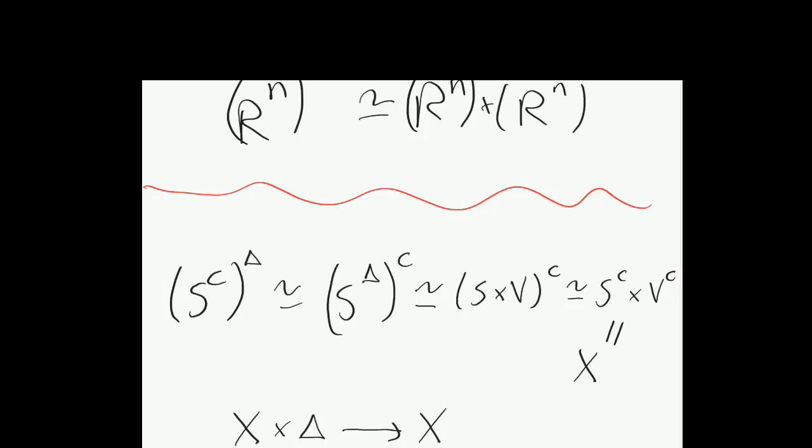This is something that Lawvere considers in one of his papers where he talks about physics and generalized laws of motion. And so this is something that I wanted to talk about now.